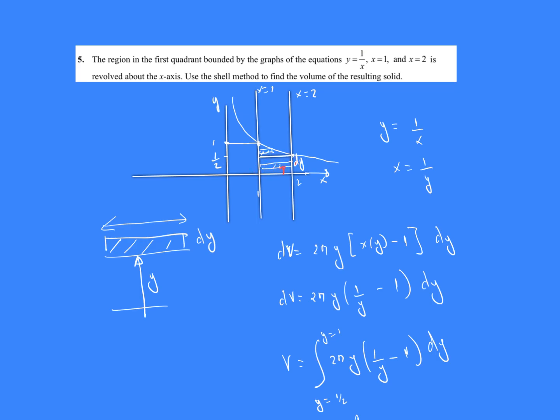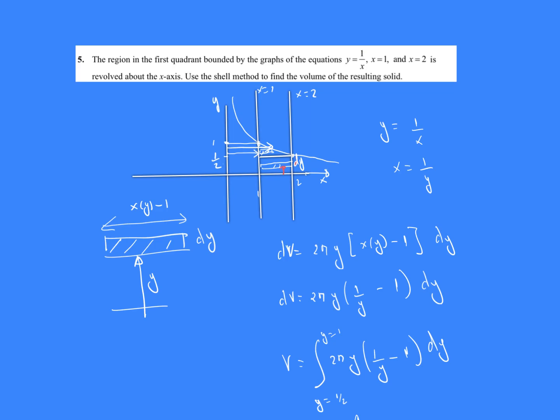The first integration is from y equals 1/2 to y equals 1 of 2 pi y times x of y minus 1, where x of y is 1 divided by y. This is the length of the door. But this formula will work between y equals 1/2 and y equals 1.